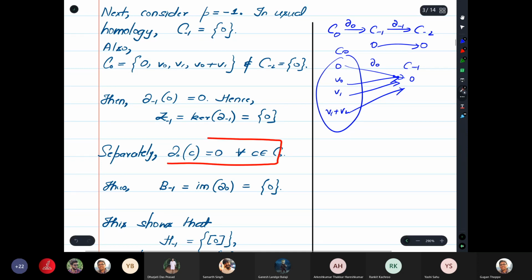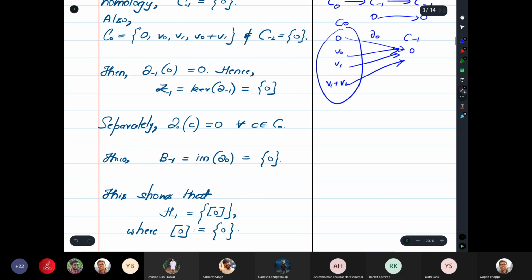So since every element is mapped to 0 and C-1 only has 0, the image of ∂0 will also only include 0. Notice that the image of ∂0 is every element in C-1 that is mapped from C0. So one can see from this relation over here that the image of ∂0 must be 0 only.